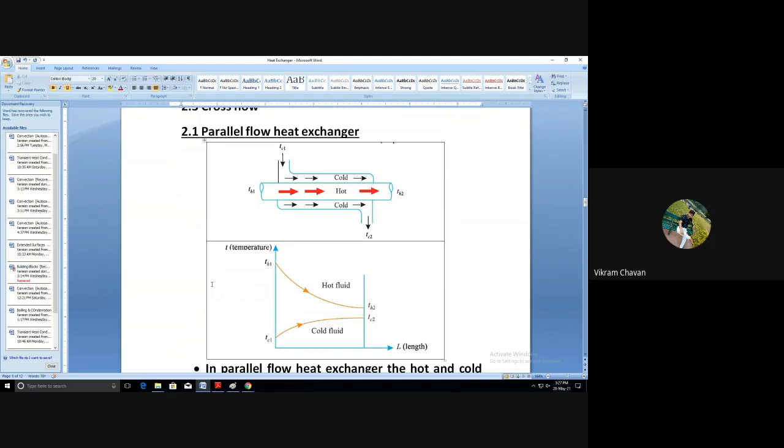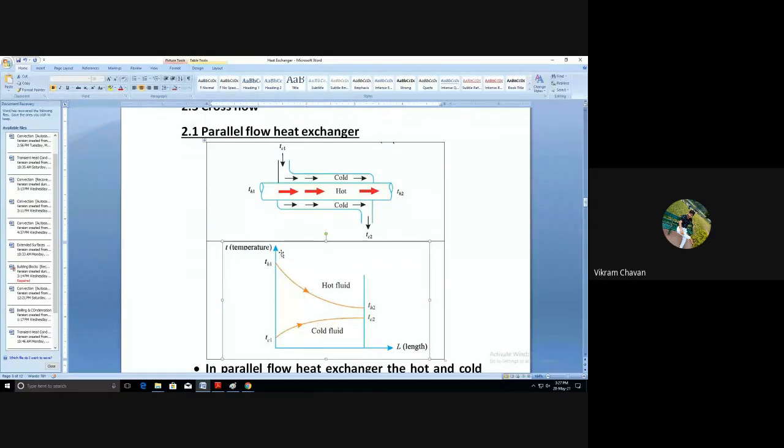Draw the diagram and draw this graph also, because at every time we need not draw this particular diagram. We are considering the graphs for the parallel flow and counter flow heat exchangers, and accordingly we will segregate whether the heat exchanger type is parallel flow or counter flow.